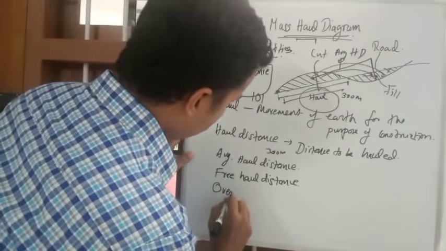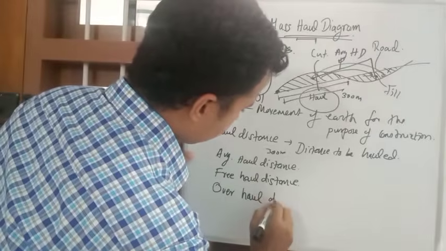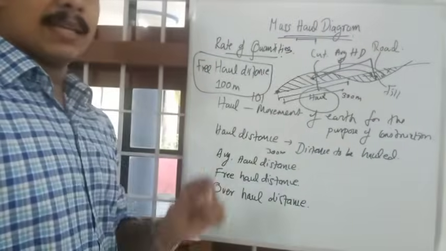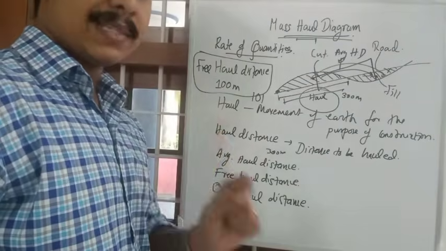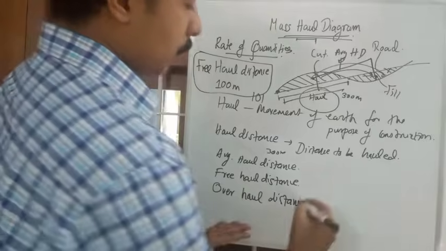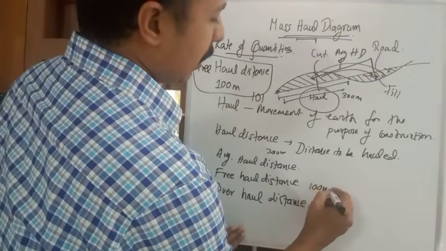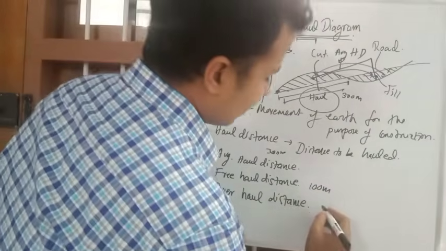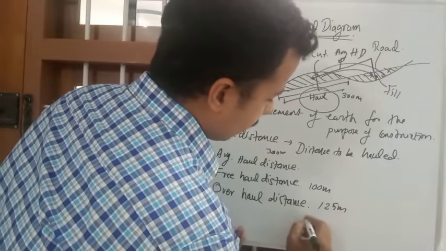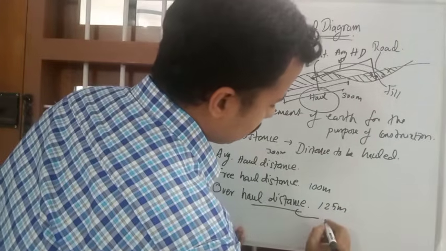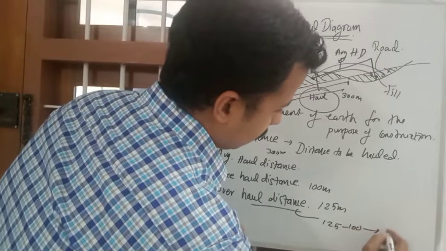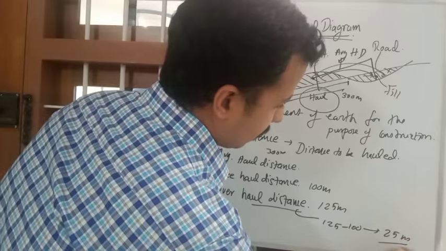Then overhaul distance. Overhaul distance is the distance which is over the value of free haul distance. If suppose free haul distance is 100 meters, if suppose we have hauled 125 meters, then overhaul distance is 125 minus 100, 25 meters.